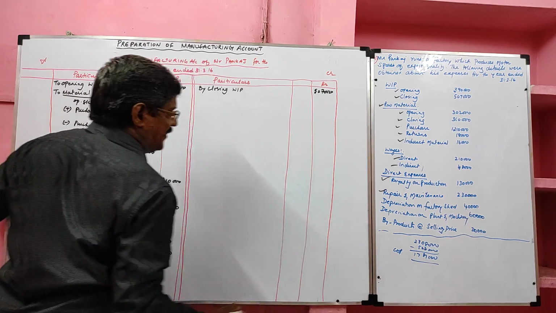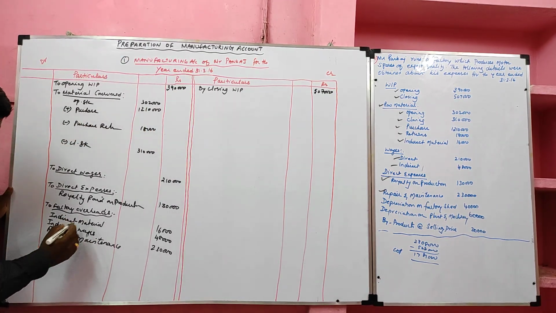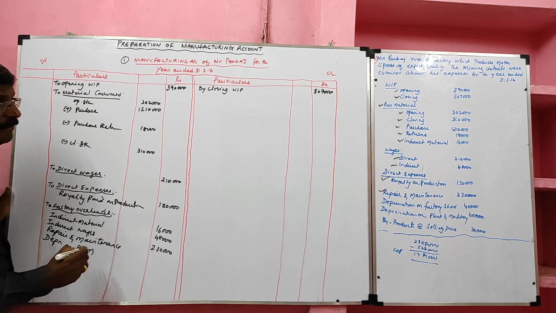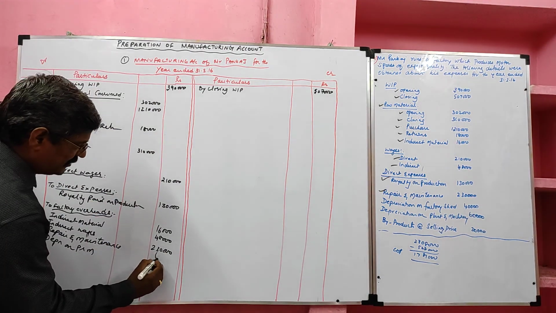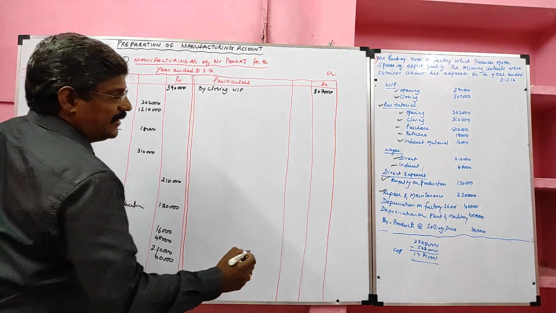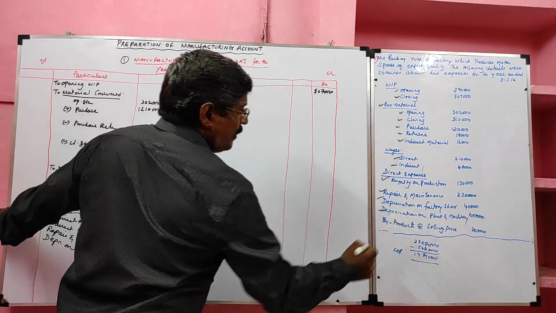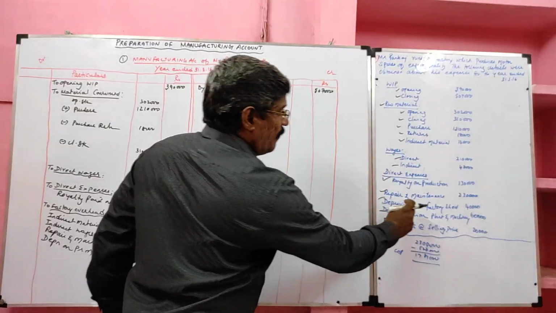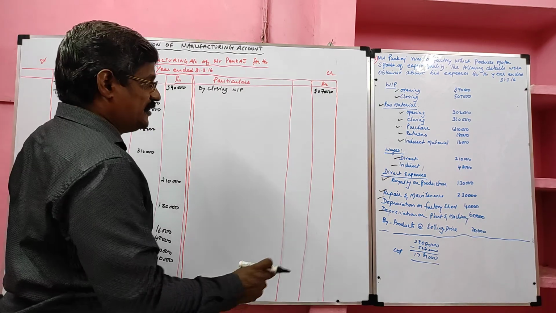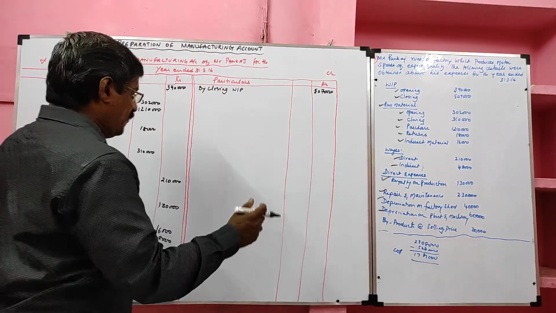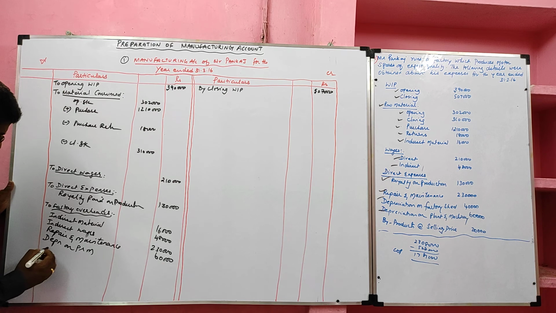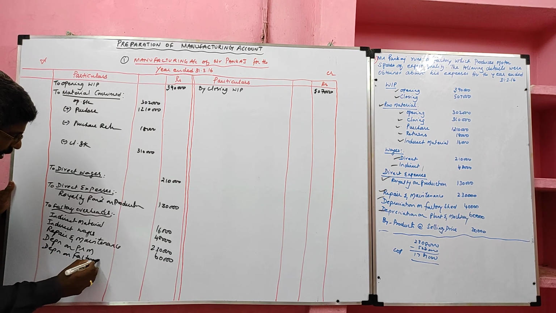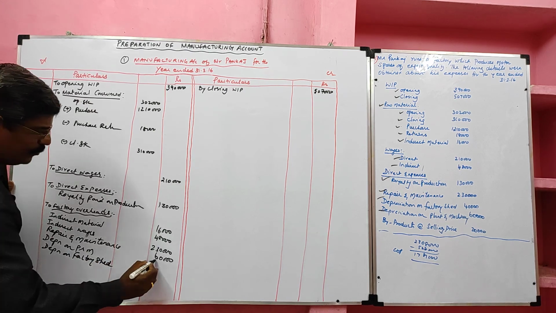Then depreciation on plant and machinery is a factory expense, the value is 60,000. Then we have depreciation on factory shed, 40,000.